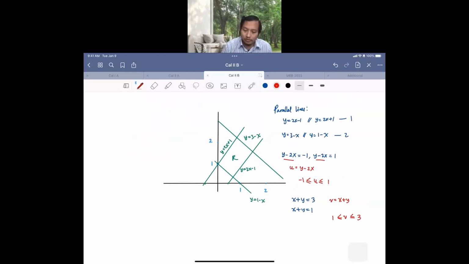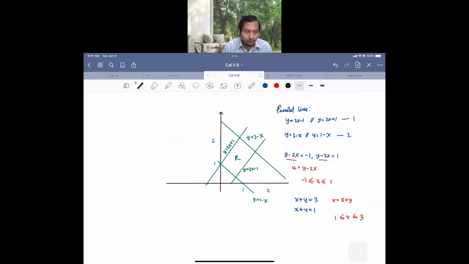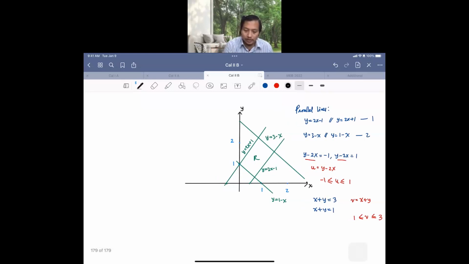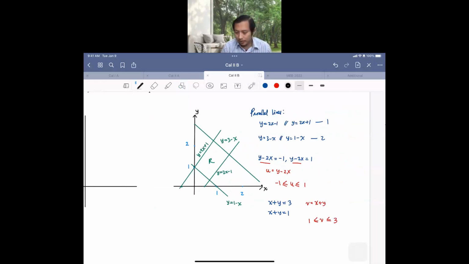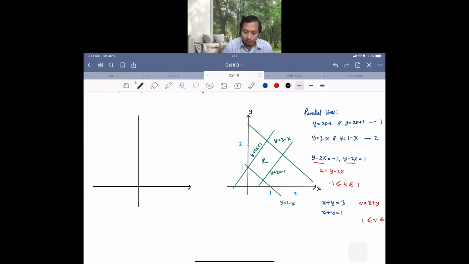So if we want to transform the uv region to the R region, this will be the transformation. We could draw u from negative 1 to 1, and this is v. Take negative 1 here, 1 here, 1, 2, 3.